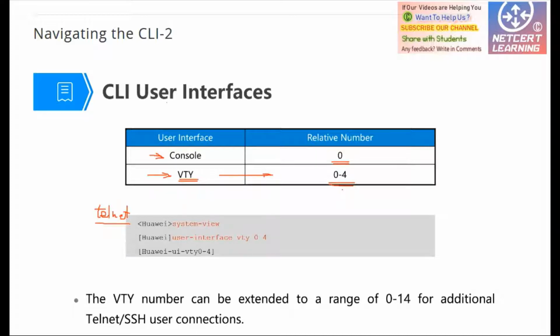If you want to configure these user interfaces, you can enter the user interface mode: user-interface vty 0 4. This is the beginning, this is the end. All the VTY interfaces can then be configured here.